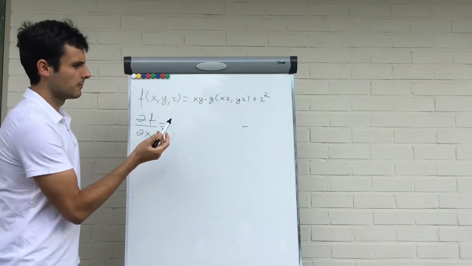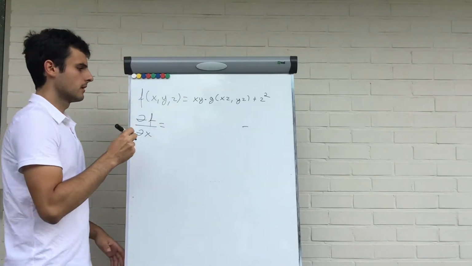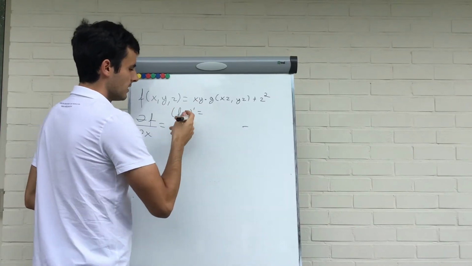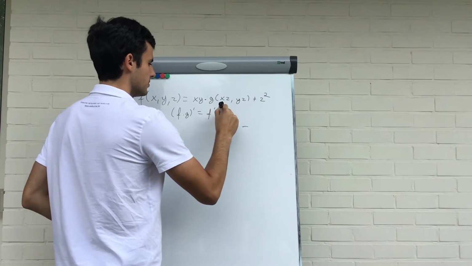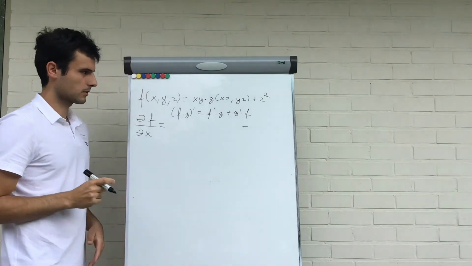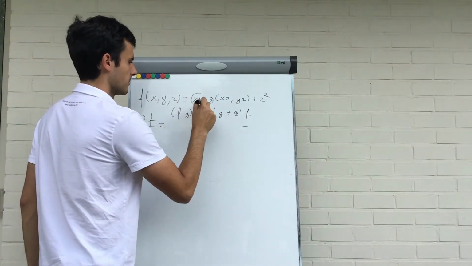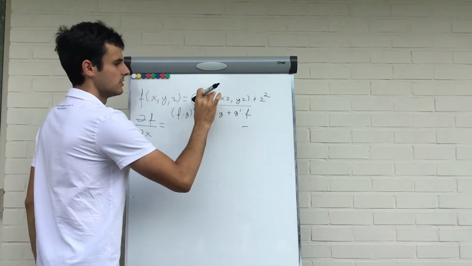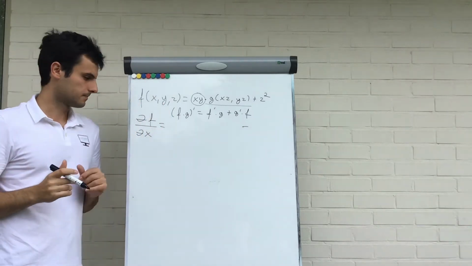Now we see, we have an x here and an x there, so we need to use the product formula. We get the derivative of f multiplied with g, plus the derivative of g multiplied with f. So f is in our example x y, g is in our example the function g with x z and y z.